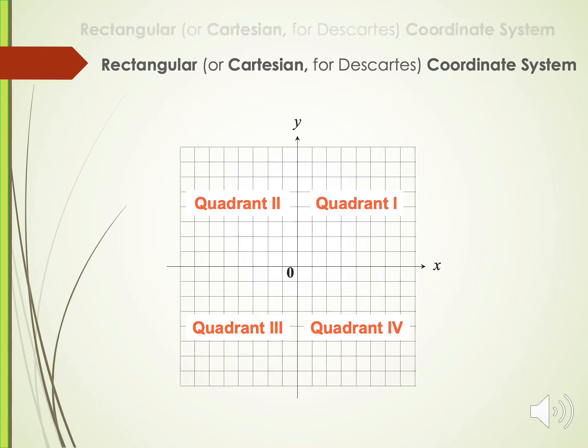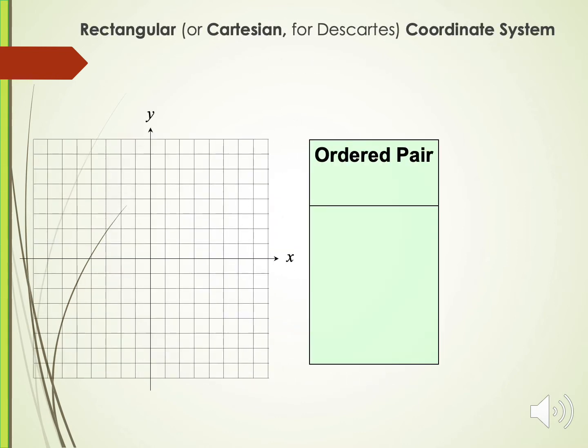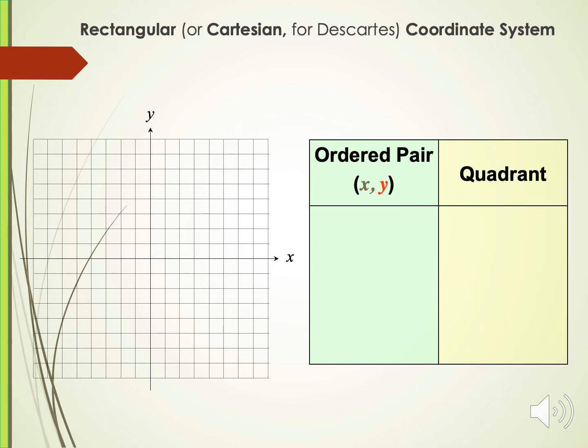y. So for example, if we are going to plot the points, okay, so the ordered pair xy in each of the quadrants. So if we are given point A, okay, point A has the coordinates 5, 3, so it is found on quadrant 1.